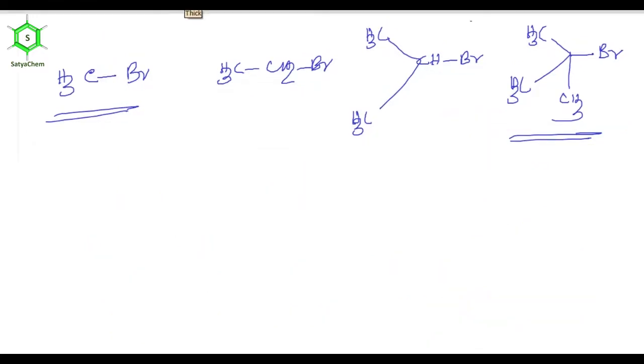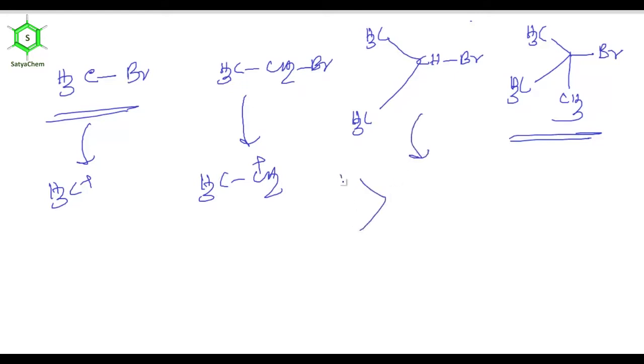Now on moving from left to right, the stability of the carbocation formed becomes progressively greater through the plus I effect and hyperconjugation of an increasing number of methyl groups. See, the corresponding cation in this case is CH3 plus, here it is a 2 degree carbocation, and here a 3 degree carbocation.